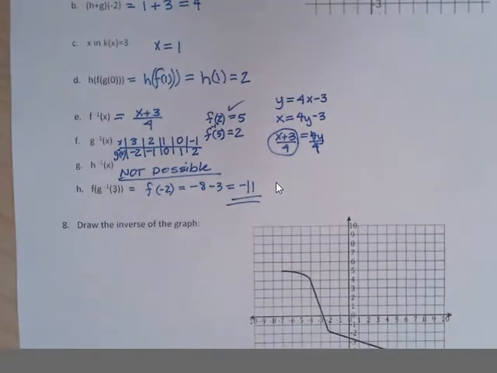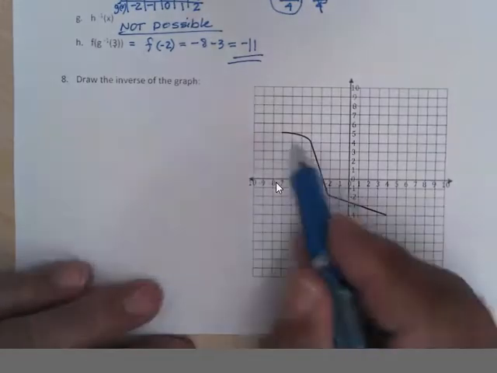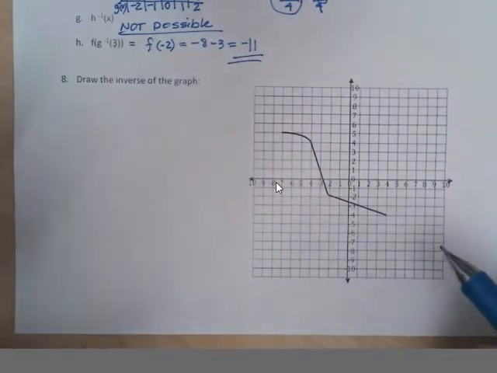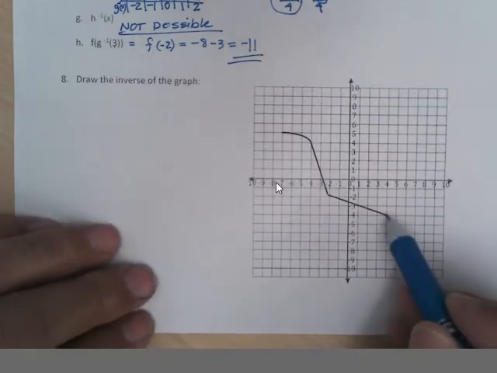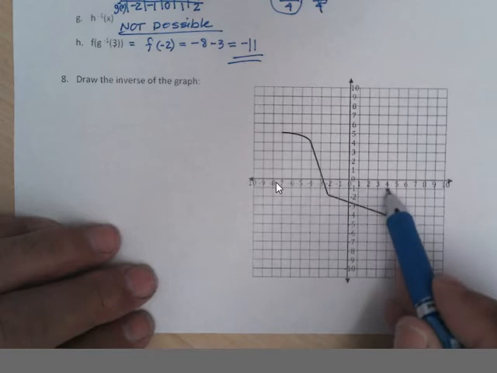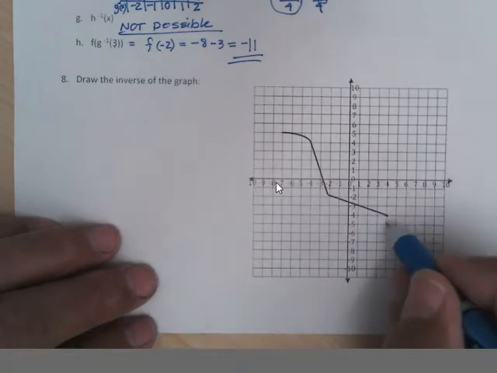Okay. And finally, draw the inverse of this. Now, what the inverse does is reverse the points. So let's pick points here. This point is 4, negative 4.